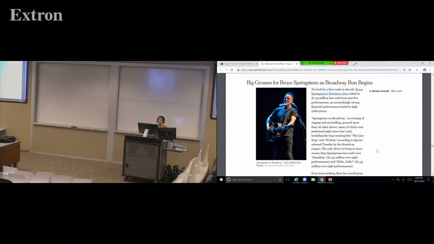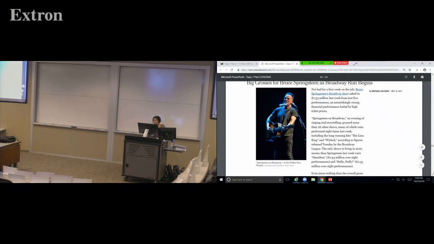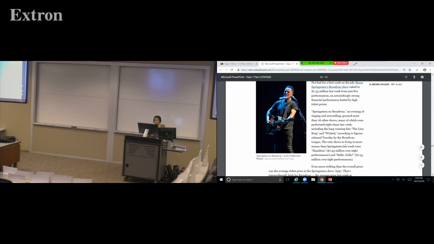So the Bruce Springsteen show did $2.33 million in just 5 performances. You want to compare that? The only shows that week that brought in more money than Springsteen was Hamilton, that brought in $2.93 million, but mind you, it's 8 performances, and Hello Dolly brought in $2.35 million in 8 performances. So only 2 shows did better, but mind you, they had many more performances.